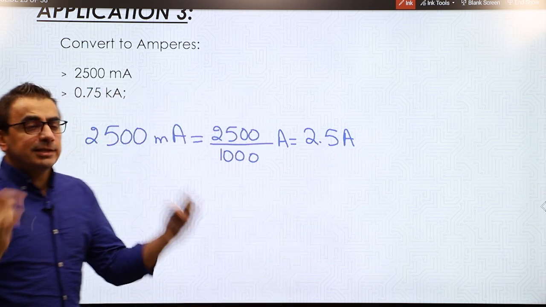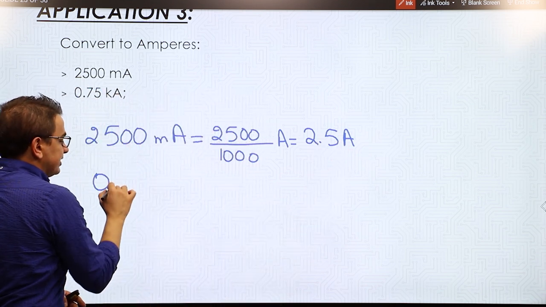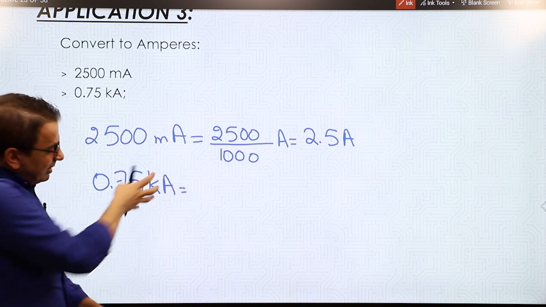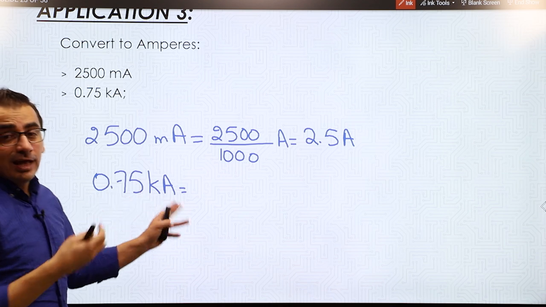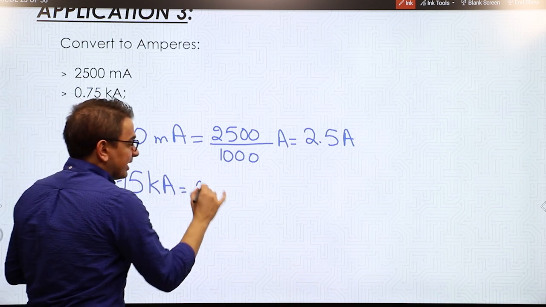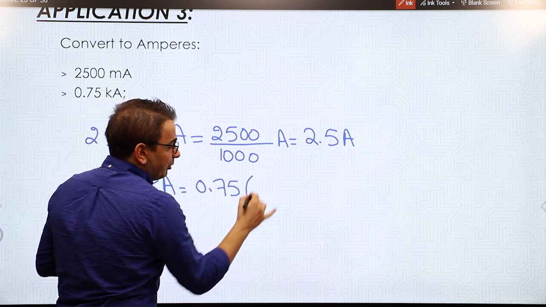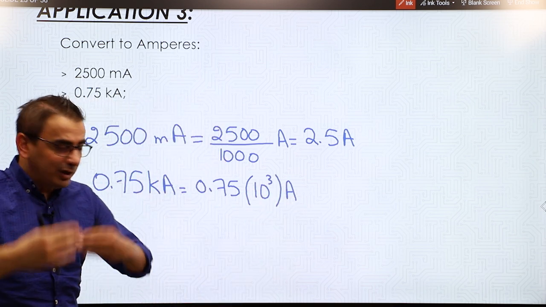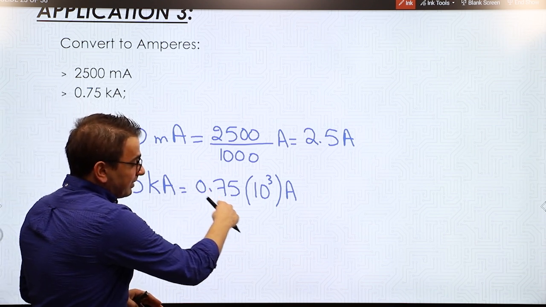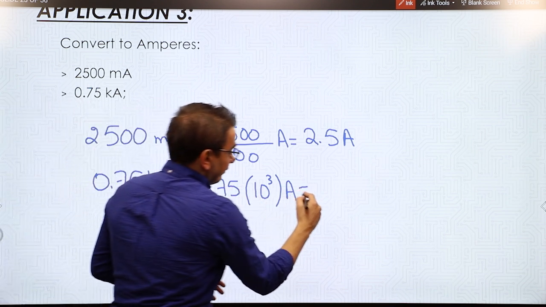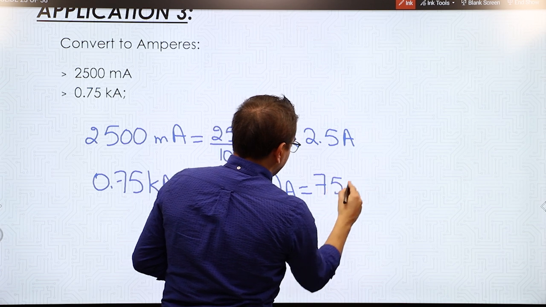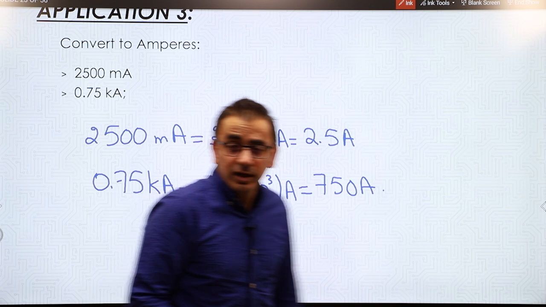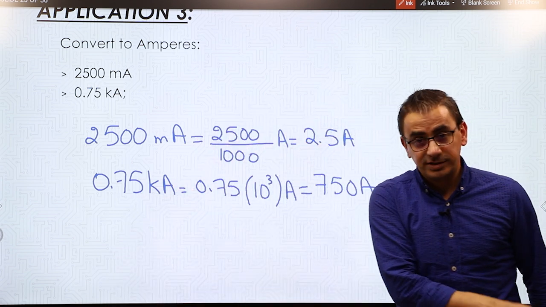Or you can simply do it mentally when it comes to easy stuff. 0.75 kiloampere: what I like to do usually is take the prefix k and replace it by 10 to the power 3. So this becomes 0.75 times 10^3 ampere. You are familiar with powers of 10: you move the decimal point 3 steps forward to give 750 amperes. Double checking, yes, all is good. So this is a simple application about conversion of units.